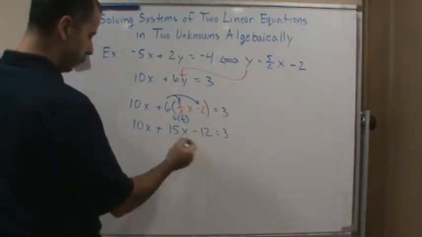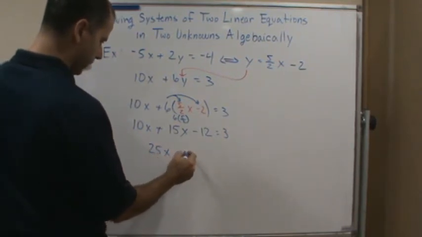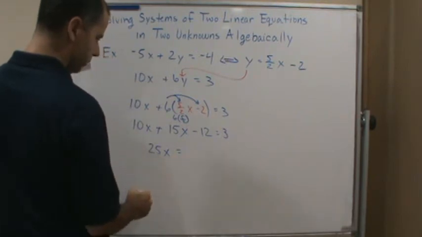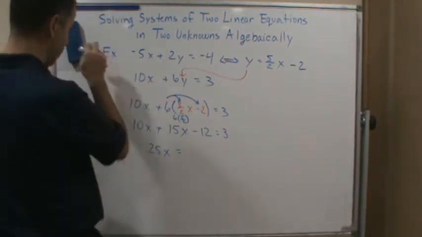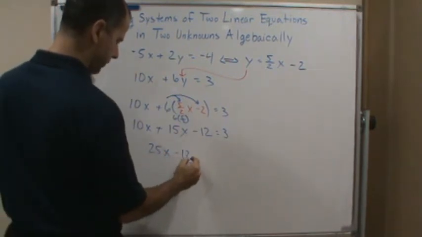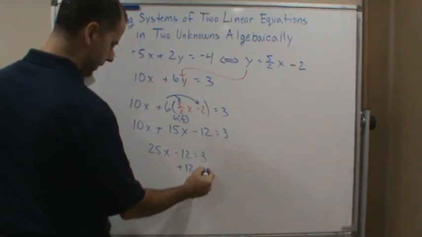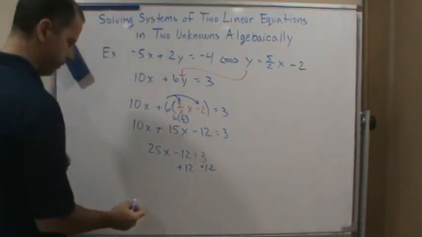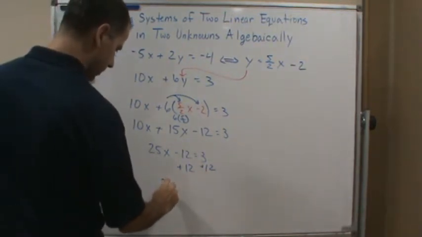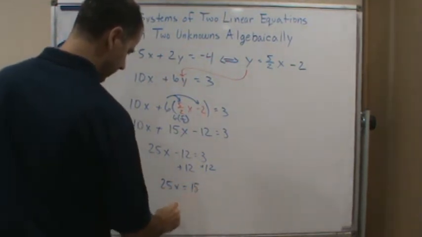Okay, so now I'm going to combine like terms. So I get 25x equals what? Well, let's do it in 2 steps. So minus 12 equals 3. And then if I add 12 to both sides, I get 25x equals 15.